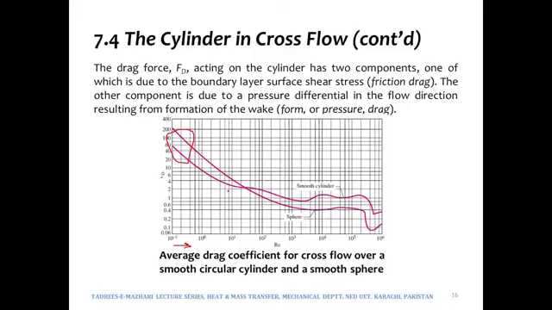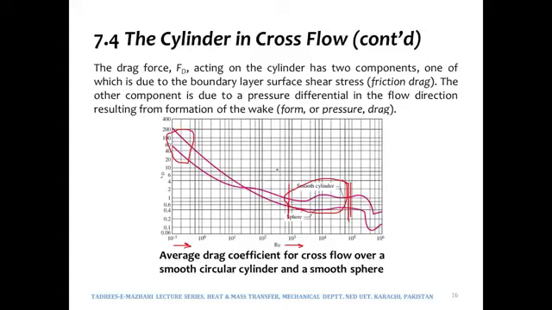And if we go further down on the Reynolds number on the x-axis, we can see that in this particular range the curve of CD, the drag, is more or less not really on a decline.